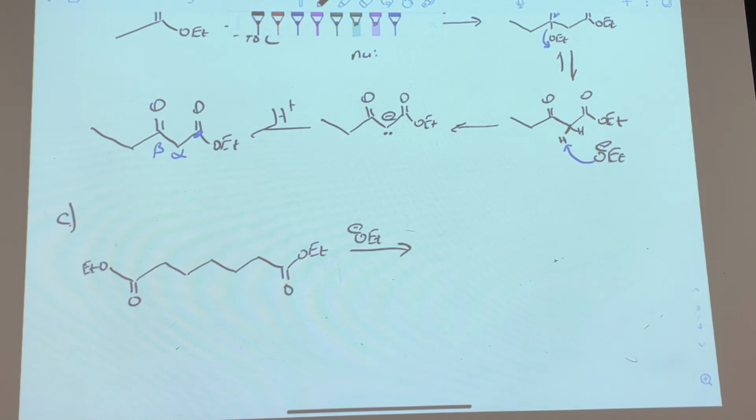We've got the two esters in the same molecule. They are reasonably spaced. And so if you add base here, you will enolize. And that can wrap around and attack the other ester.